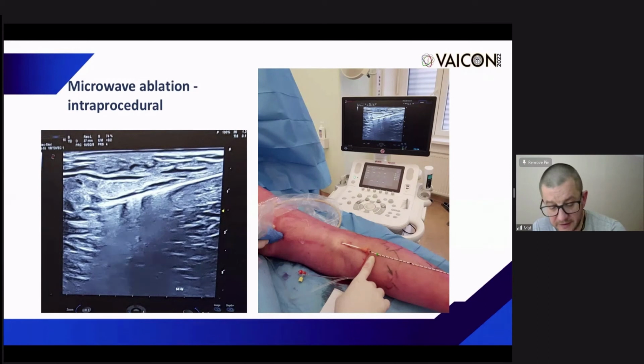Maneuverability of the probe in the vein is good. The probe has a blunt soft tip and can be successfully steered also through slightly tortuous veins. The probe active tip measures 2.5 centimeters and is very well visible at ultrasound, as you see on screen.